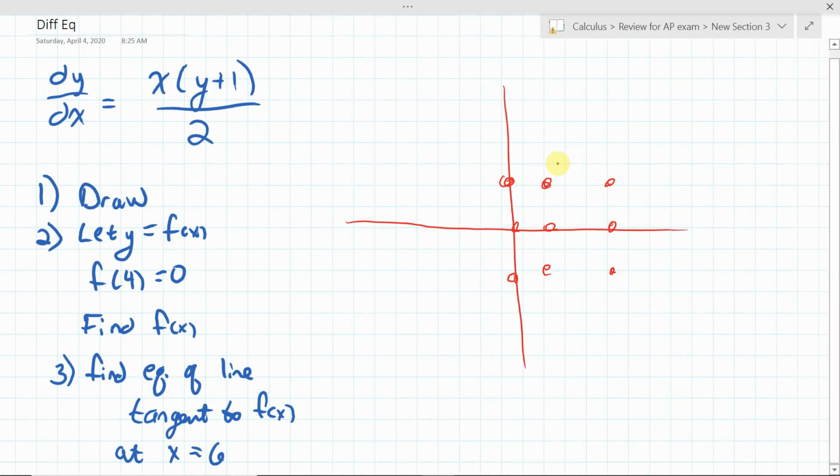And so really all you would do is look at this point and go, okay, the coordinates of that point are 2, 1. So that means the slope at that point would be 2 times 1 plus 1 over 2. So the slope of that point is 2.